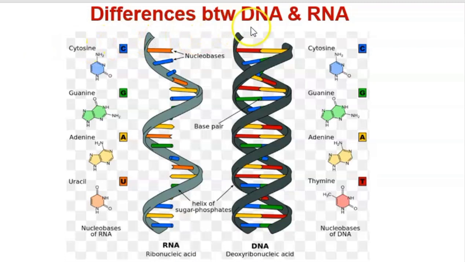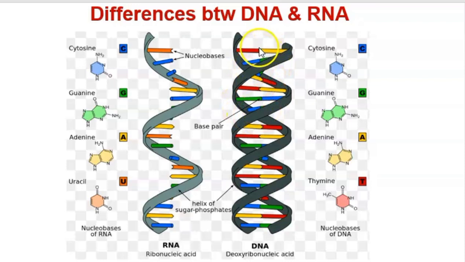Now, the difference between DNA and RNA structure. Look at the difference. This is what? RNA, and we call it what? Ribonucleic acid. You see, it is only single-stranded. And then look at this one. It is what?